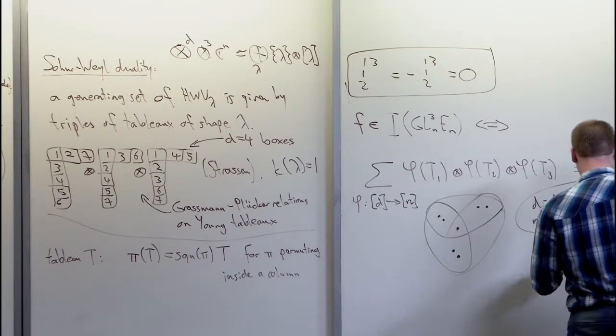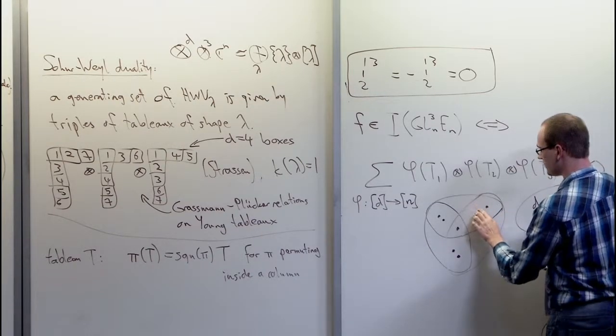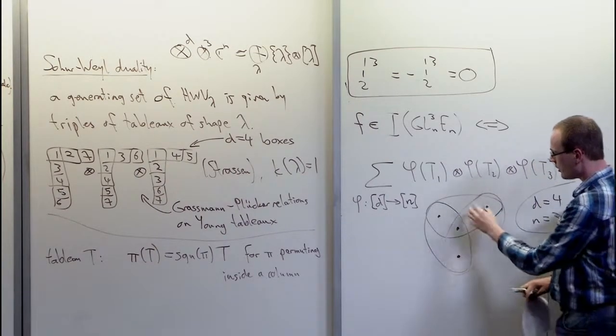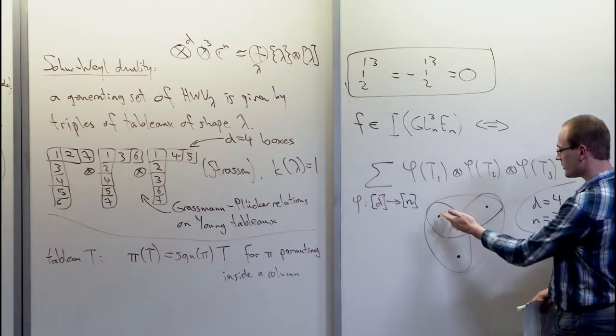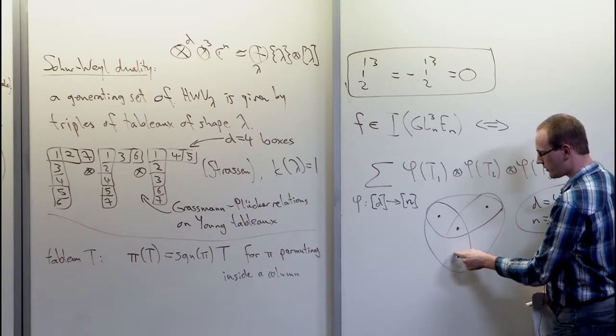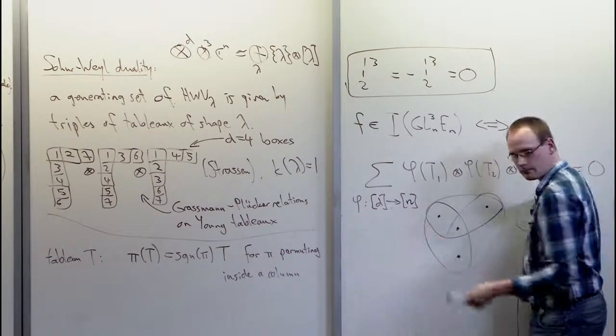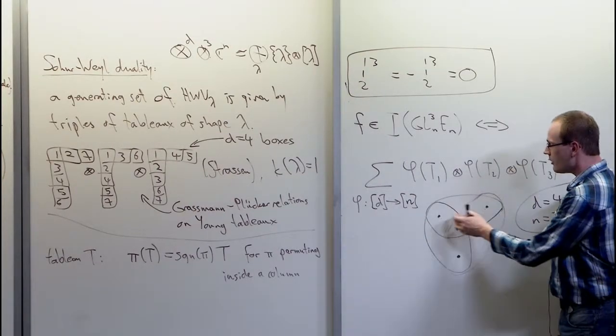Why is this 0? You place your numbers here, but you only have 3 numbers. You place your numbers like 1, 1, 2, 3, or 1, 1, 1, 3, or any way. Doesn't matter. This is phi. You sum over all those phi.